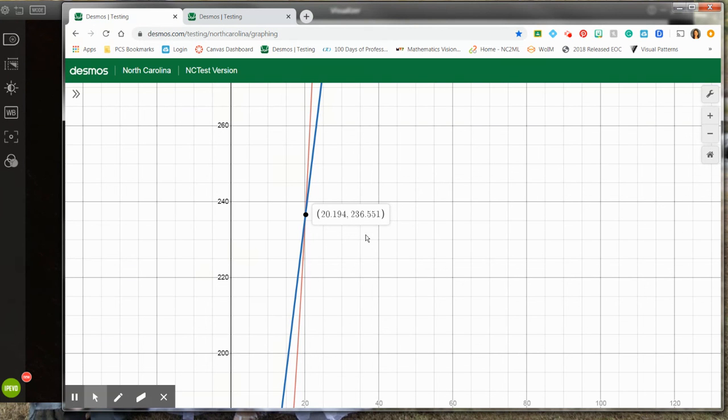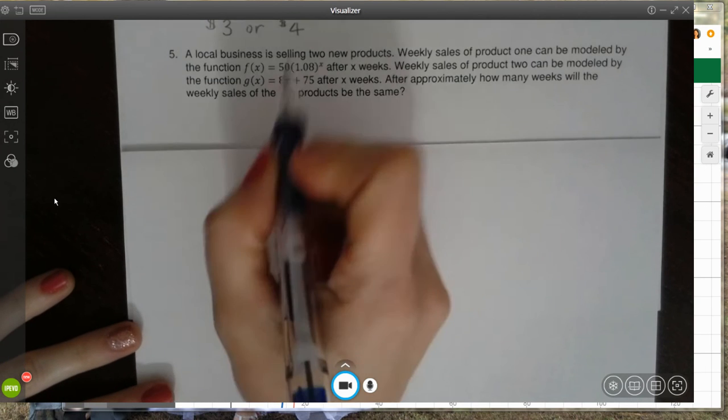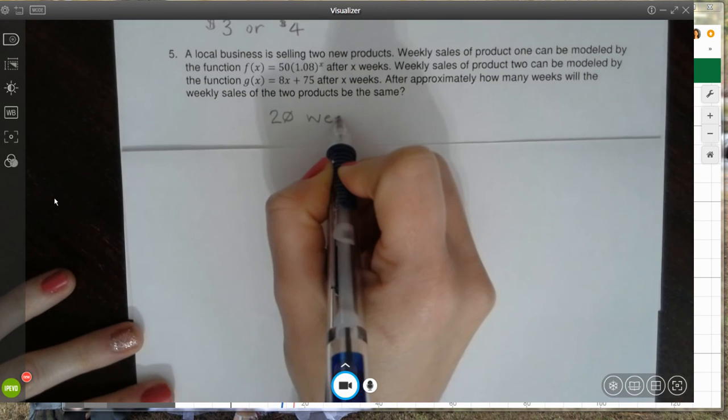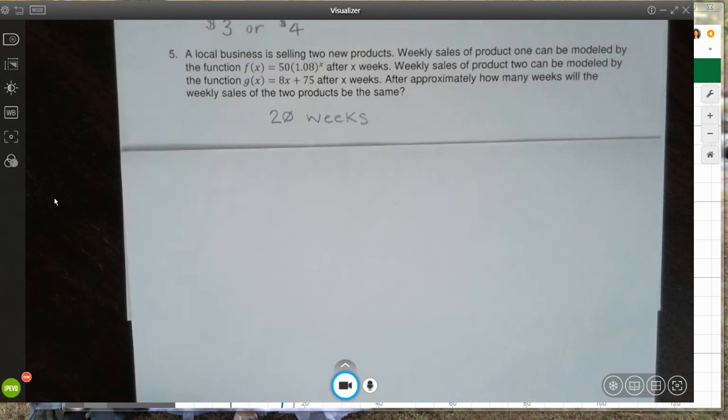You could use 21. However, it is closer to 20 weeks because this would round me down to 20. So if I was being as accurate as possible, I would say that this answer should be 20 weeks, because that decimal is much closer to 20 weeks than it is to 21 weeks.